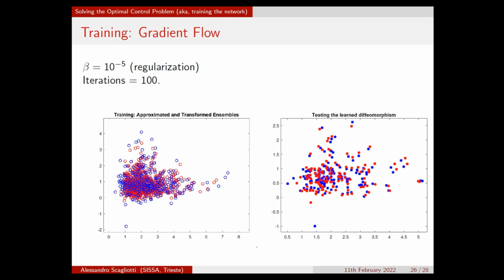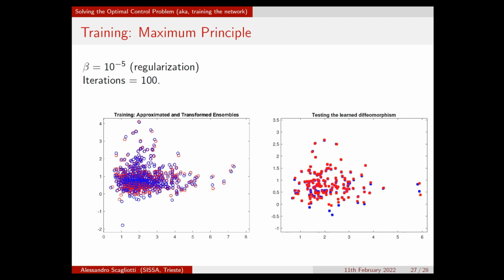The blue dots on the left-hand side are the same as before, the transformation through the unknown diffeomorphism of the initial ensemble. In this picture, the red dots are the approximations provided by the approximating diffeomorphism. It is the same for the left-hand side picture of the maximum principle.